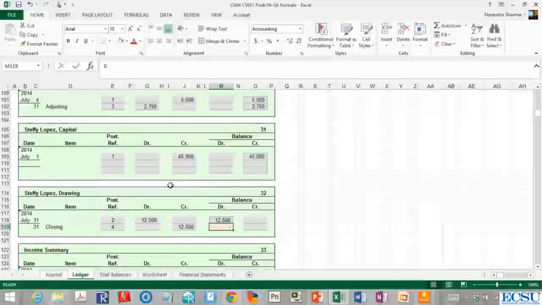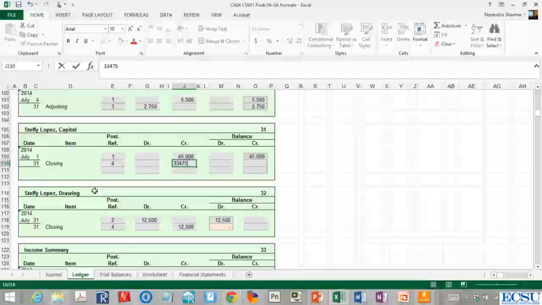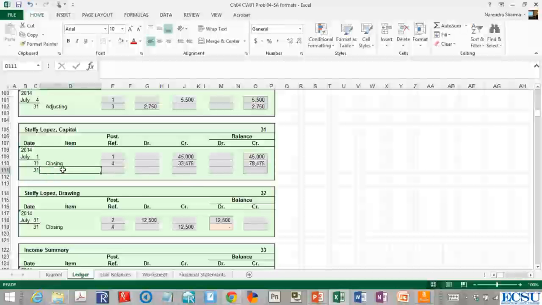Now only thing that's remaining to be done is the capital account closing entries. This is closing. We did closing entry by crediting capital with the income summary, page number 4, credit of 33,475. So the balance will be 45,000 plus 33,475. And then next closing was a transfer of drawings account.